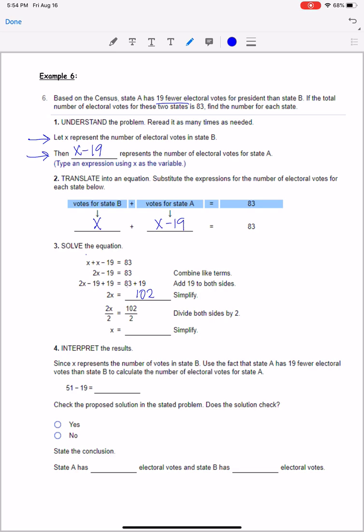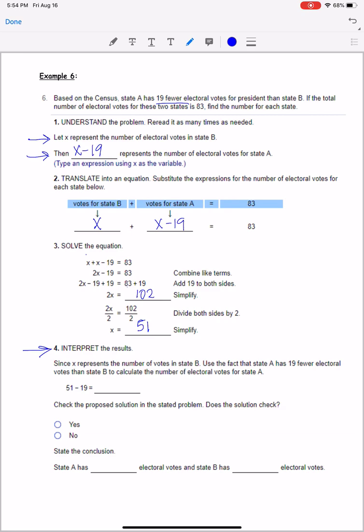So now they have 2x equals 102, and so they're dividing both sides by that 2. And so just divide. 102 divided by 2 is going to give me 51. Okay, so they're solving part of this for you. You've got to kind of figure out where they're leaving off, and I think that's what trips up a lot of people.